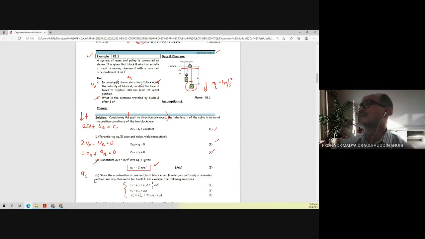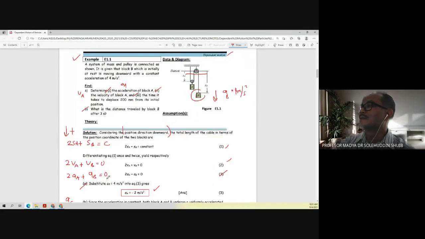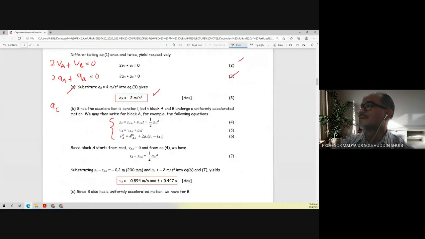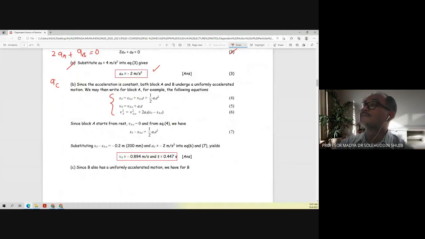So block A and B will undergo uniformly accelerated motion. So I analyze this. You can see it.